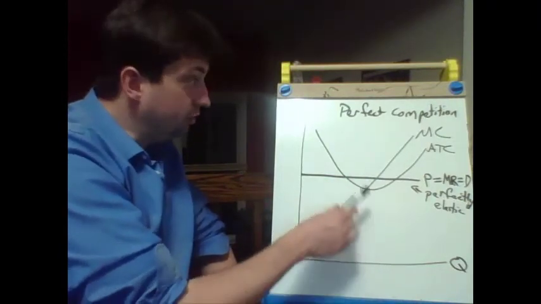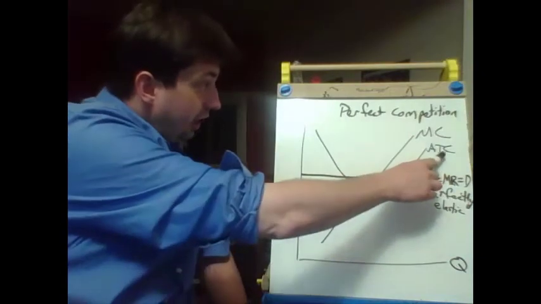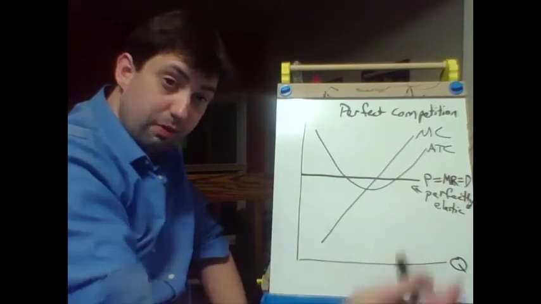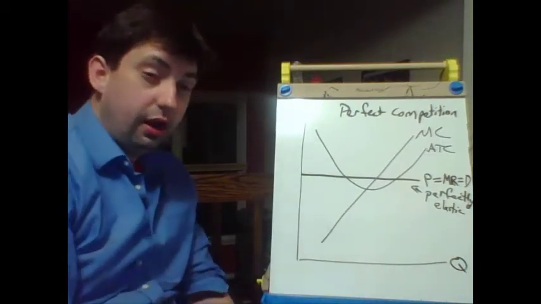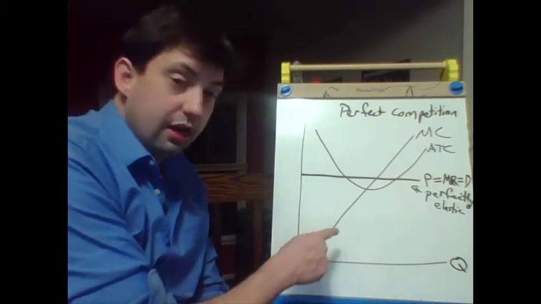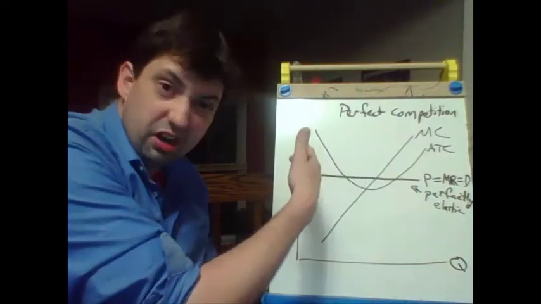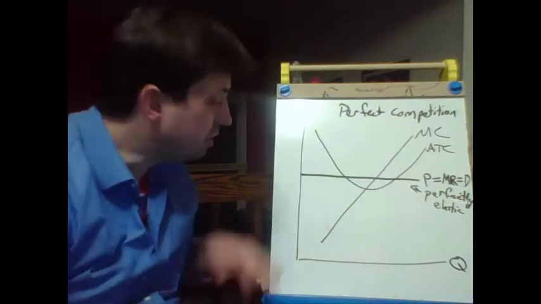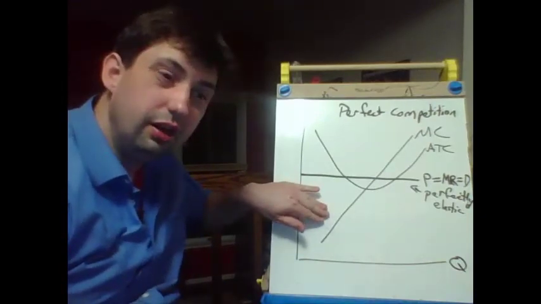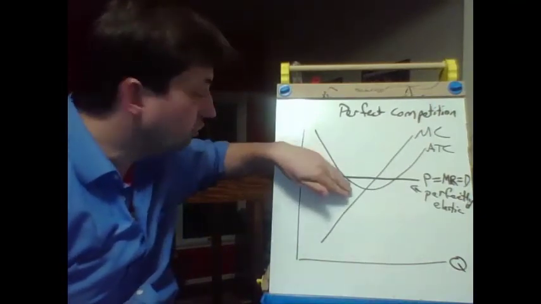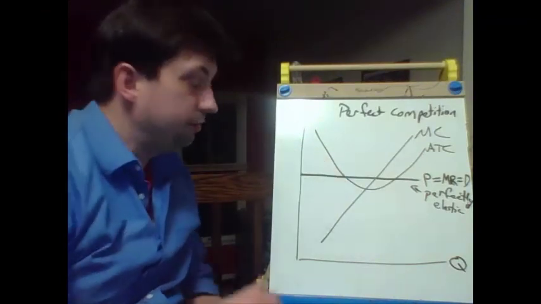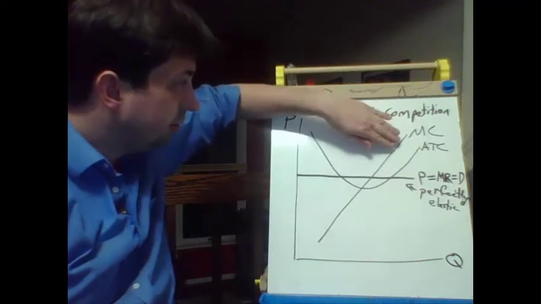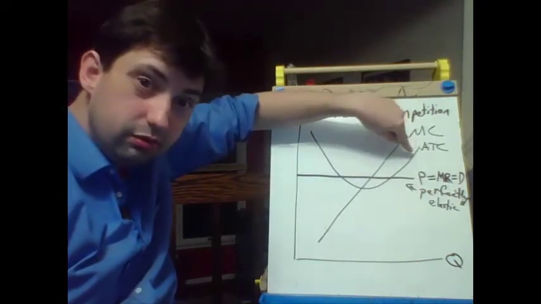The intuition is that, rather than thinking average total cost, think of GPA, grade point average. The marginal cost is kind of like your marginal GPA, where you take one additional class. If the grade you get in that class is less than your GPA, then your GPA goes down. If the grade is higher than your GPA, the GPA goes up.